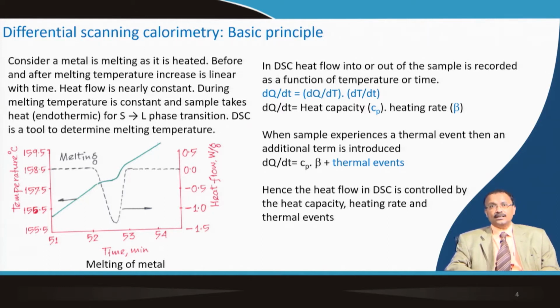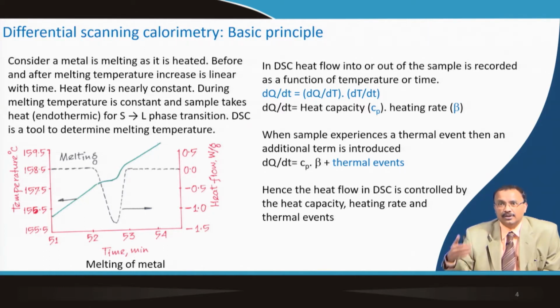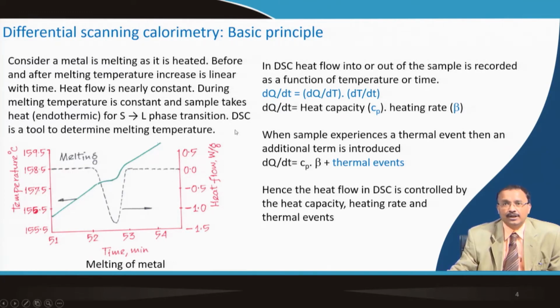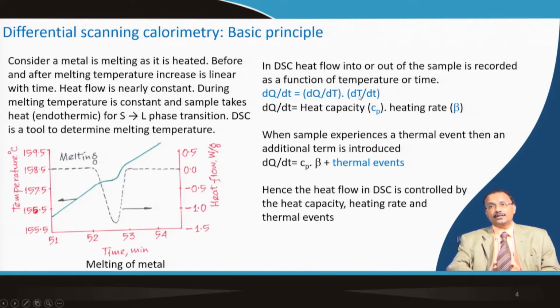In DSC the heat flows either into the sample or out of the sample, and that heat flow is recorded as a function of temperature or time. So, you are measuring dq by dt. You can write dq by dT, which is heat capacity Cp, and the heating rate is given by dT by dt.